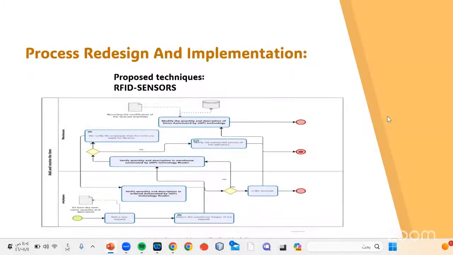Here is the process redesign after we add the process technique using the UHF radio frequency identification sensor.